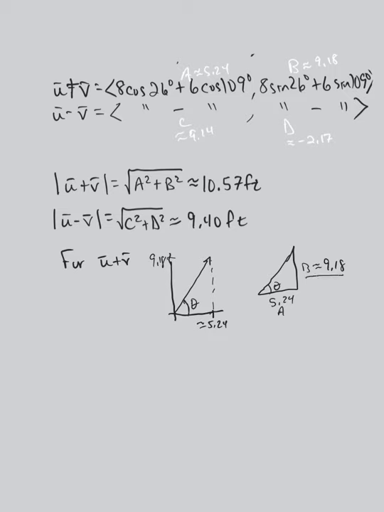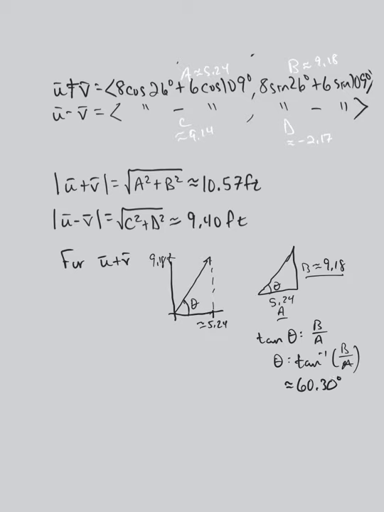Well, this side's the opposite side, this side's the adjacent side, so the tangent of theta is equal to B over A, and so theta is equal to the inverse tangent of B over A, like that. And so if I type that in, I'm just typing in inverse tangent of B divided by A, I get about 60.30 degrees.